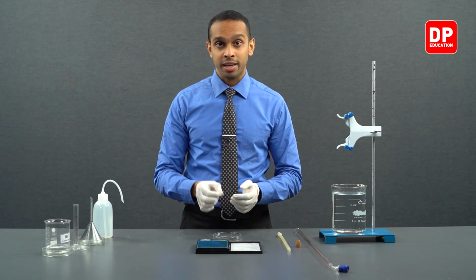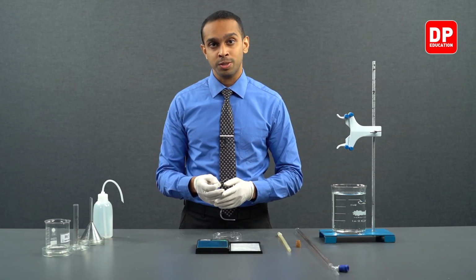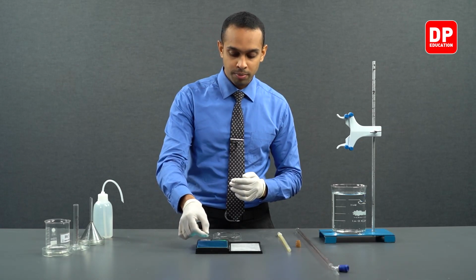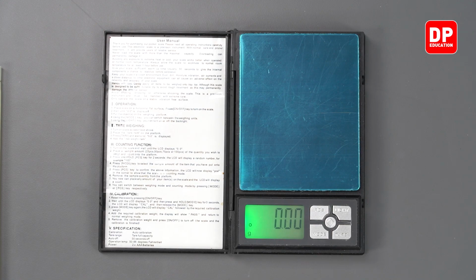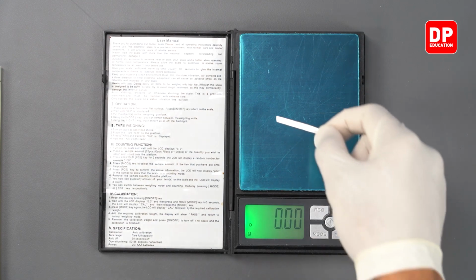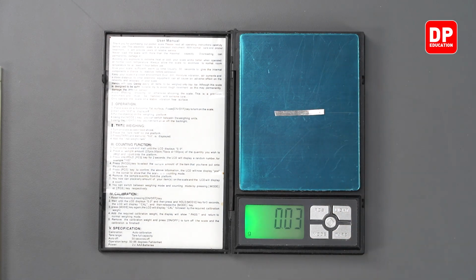Let's double check if the mass of these magnesium strips is in fact 0.05 grams. We have our digital balance here. We can see it reads 0 and the unit of this balance is grams. After ensuring all of these things are in order, we can go ahead and measure the mass of this magnesium strip. As you can see, the mass of this magnesium strip is 0.05 grams.